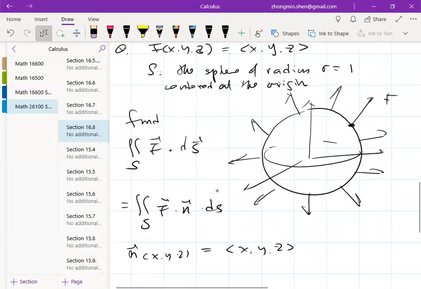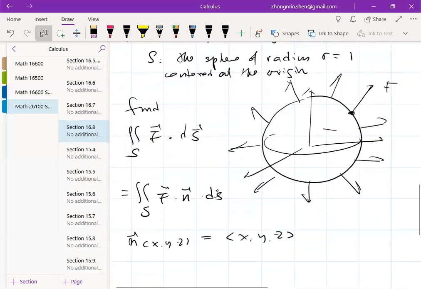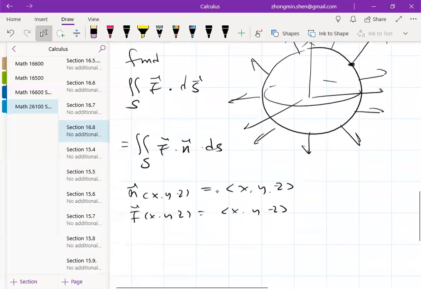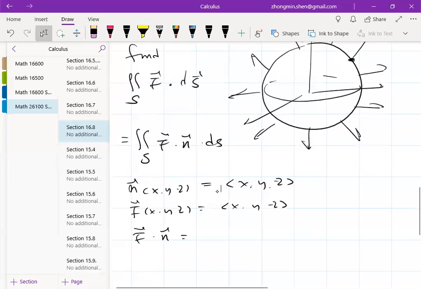I skip the parameterization. And since F at the point is also x, y, z, the dot product of them is going to be x squared plus y squared plus z squared. But this is on the sphere, so this is equal to 1 on S, because the sphere has radius 1.